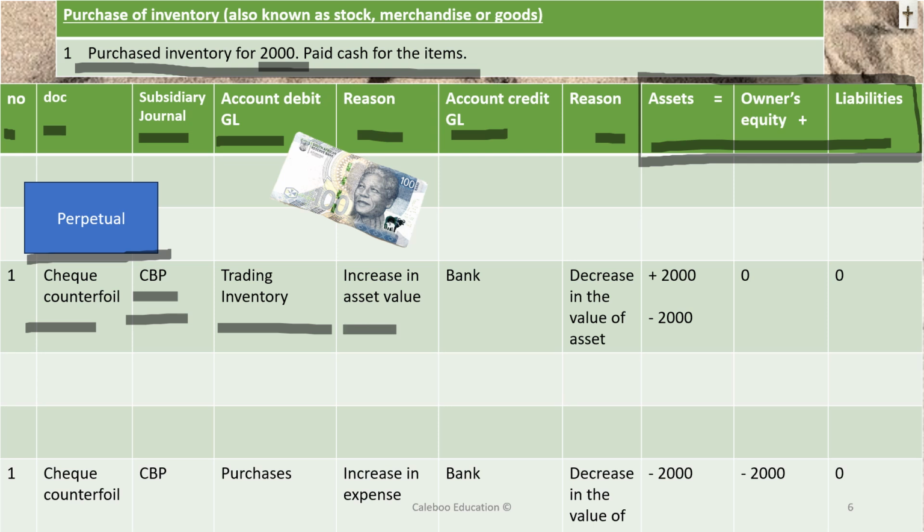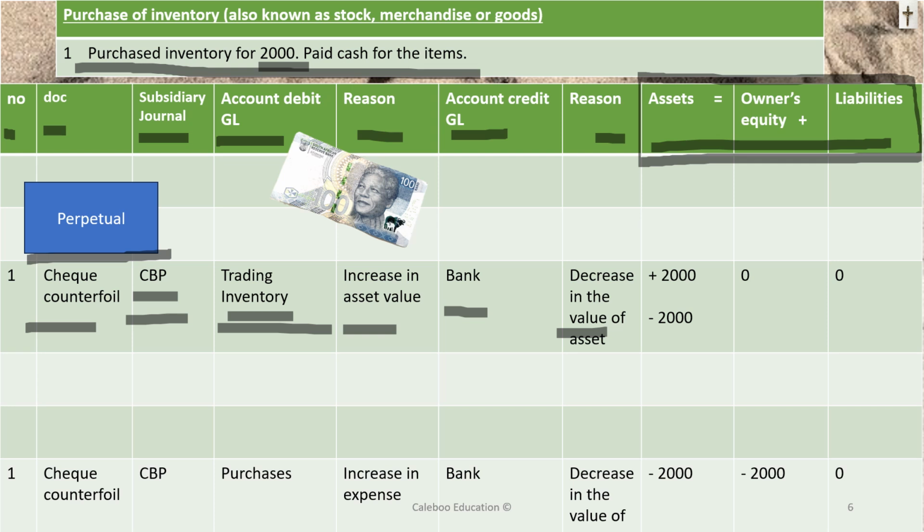Why? Because there was an increase in the asset value of trading inventory. Which account in the general ledger was credited? Bank. And why? There was a decrease in the value of an asset, the bank balance.